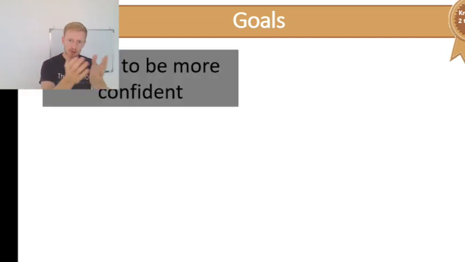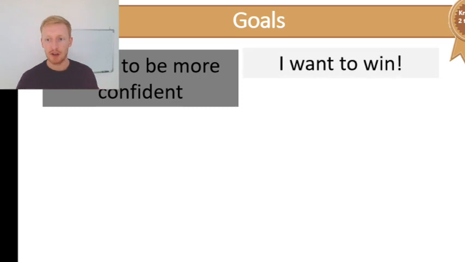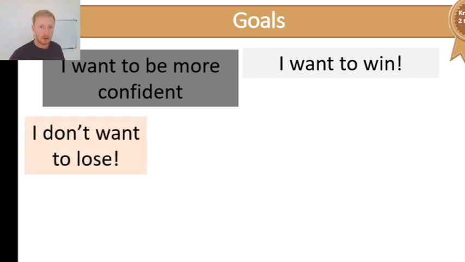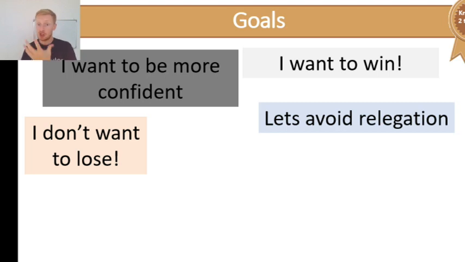And with goals, we might see things such as these. So I want to be more confident. That could be one. I want to win. I don't want to lose, the positive and the negative. Something to achieve, something to avoid, something that you'll learn more about if you take GCSE to the next level with motivations. Let's avoid relegation.